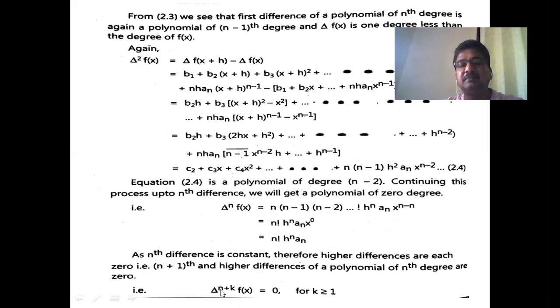And so all the further differences are 0. Delta raised to n plus k, fx is equal to 0 for all k greater than or equal to 1. Because delta raised to n fx is a constant term, and therefore all the further differences are 0, because the delta of constant is 0. So hence the proof of the theorem.